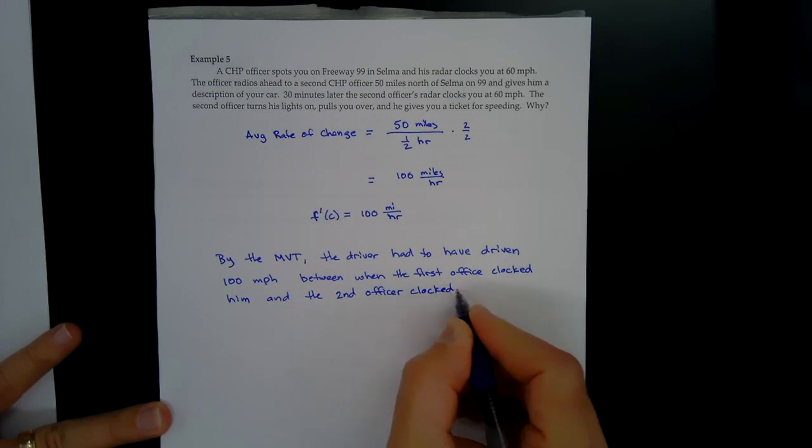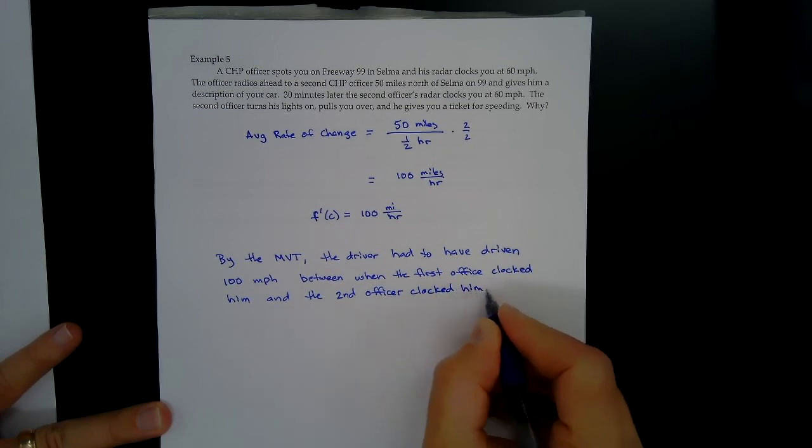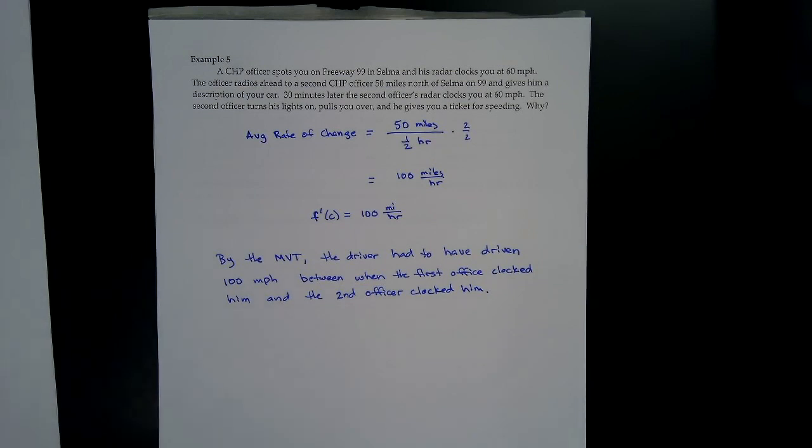I'm thinking of other ways to say this right now. Okay, so you could also say, in that 30-minute time interval, the driver had to have driven 100 miles per hour by the mean value theorem.